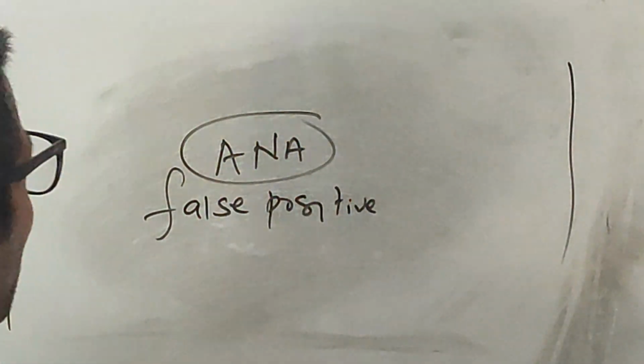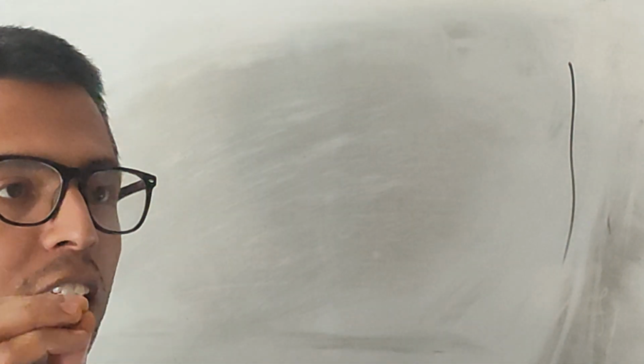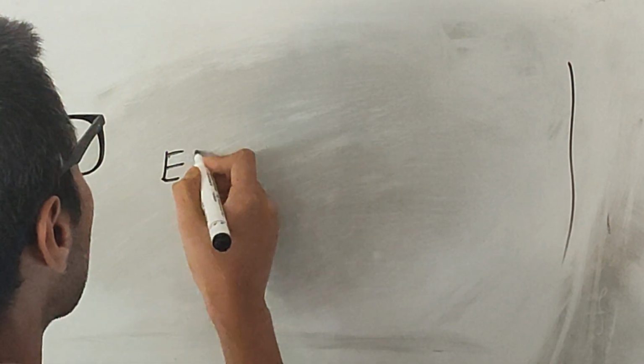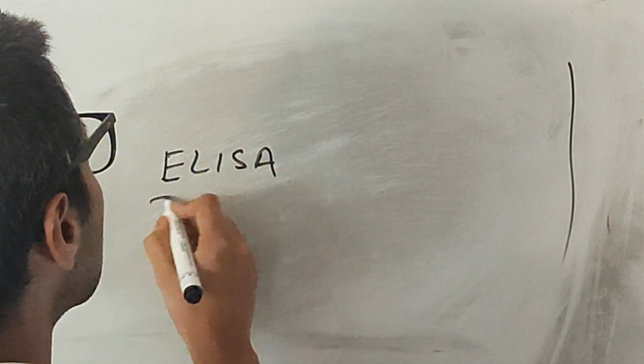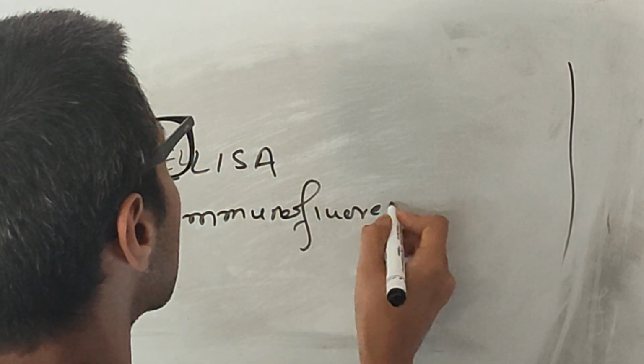This is also one important point that you should know. So you know that it can be false positive and it can be estimated using either ELISA or immunofluorescence.